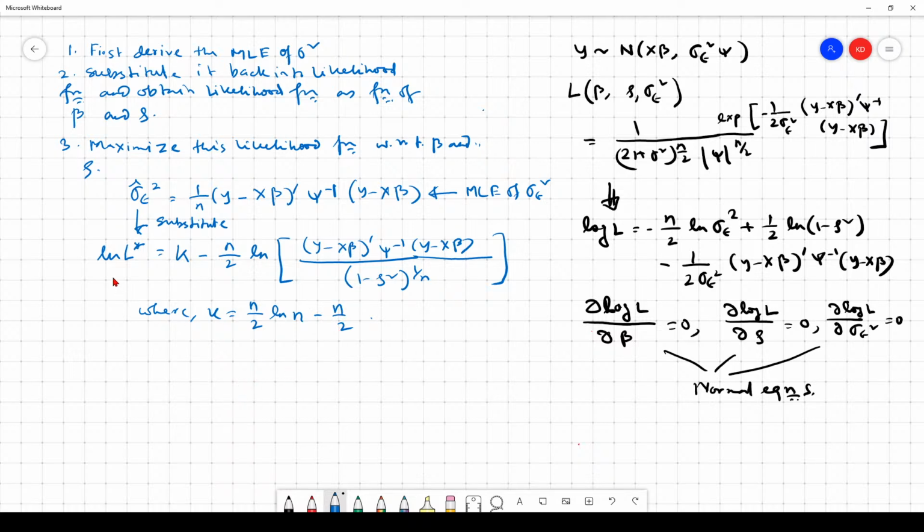So maximization of L n star is equivalent to maximization of this. These are equivalent, so this maximization is the same as this maximization.